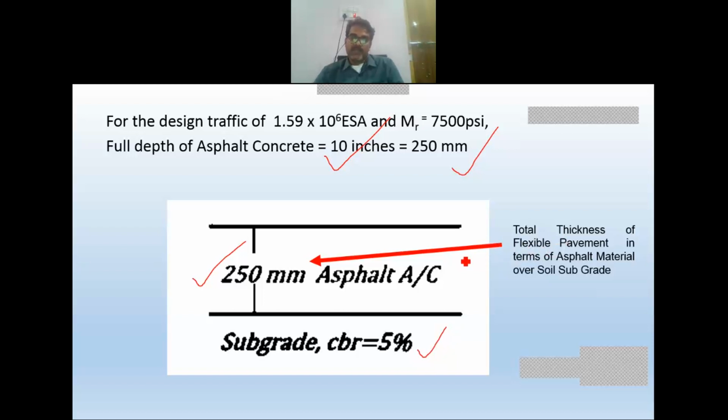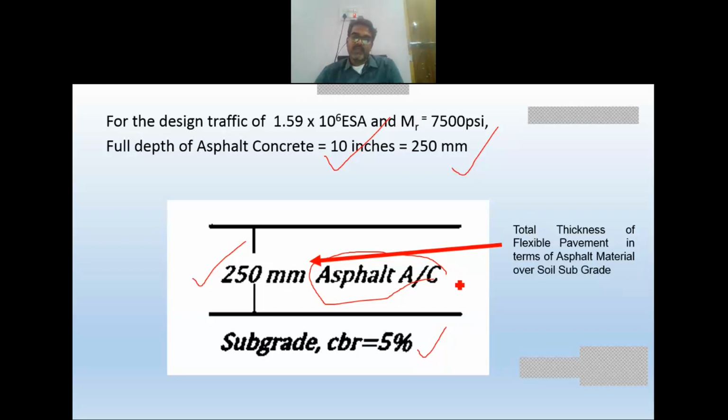Now, up to this, we calculated the total depth of the flexible pavement, but in terms of asphalt material. This 250 mm is asphalt material only, but the flexible pavement is comprised of asphalt layer thickness, base course thickness, sub-base course thickness, and so on. So 3 layers, but here 250 mm is expressed in terms of only the asphalt layer, and we won't provide 250 mm asphalt pavement in the construction of flexible pavement, right?